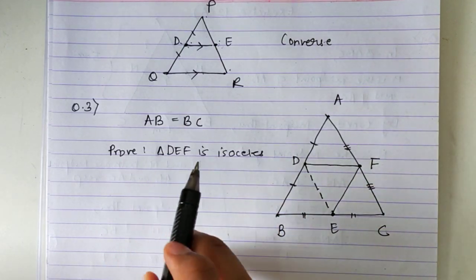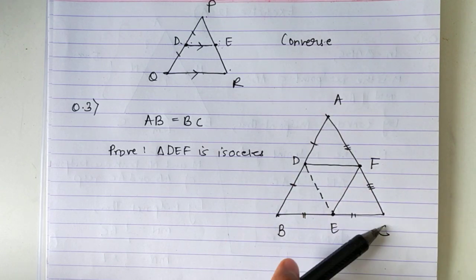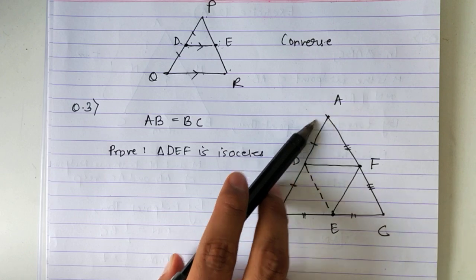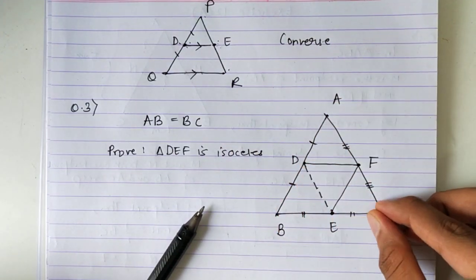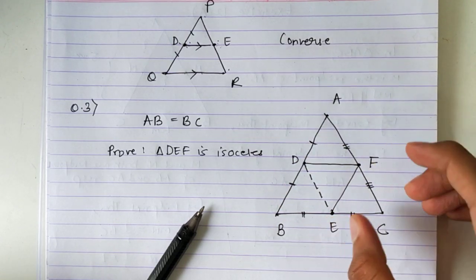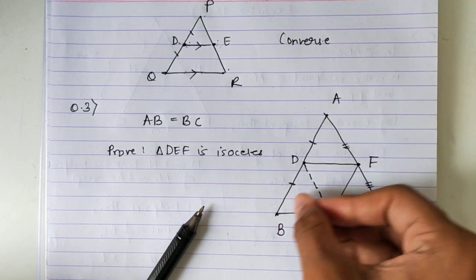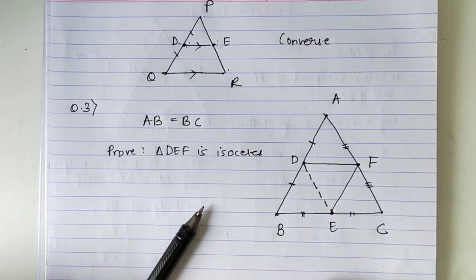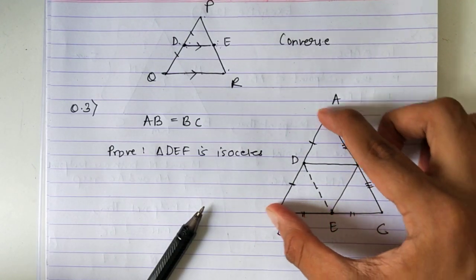Now look at this triangle with AB as the base. If you see the triangle in this shape, E and F are midpoints. If E and F are midpoints, then EF is parallel to AB and EF is half of AB. Correct? You see the triangle from here.